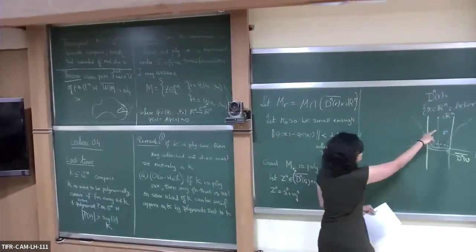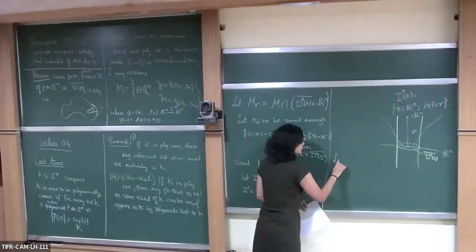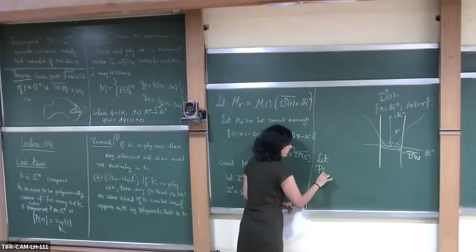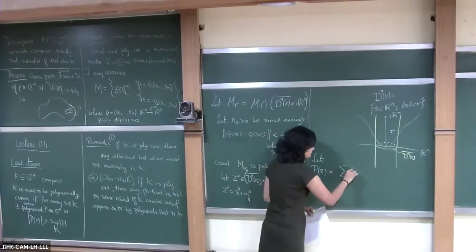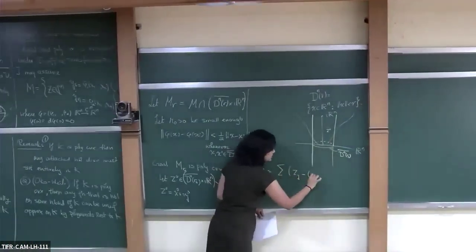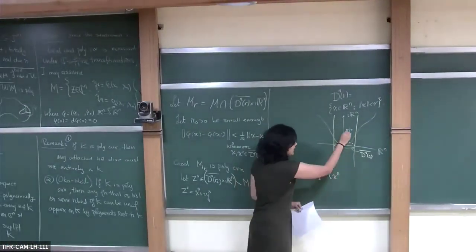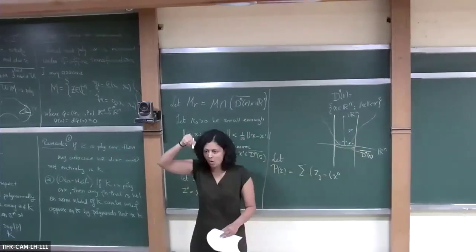So I've taken Z0 over here, and I'm going to give you a polynomial P of Z, to be the following polynomial. I'm going to take the summation of Zj minus, I'll use the real part of this. What I'll do is I'll sort of project this down and see the point which is on the graph.